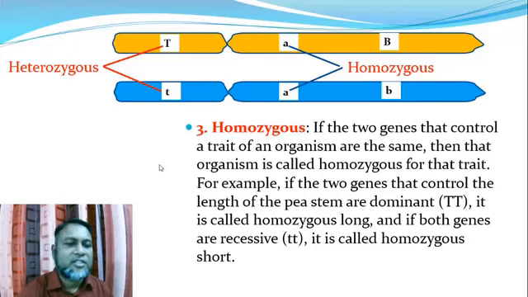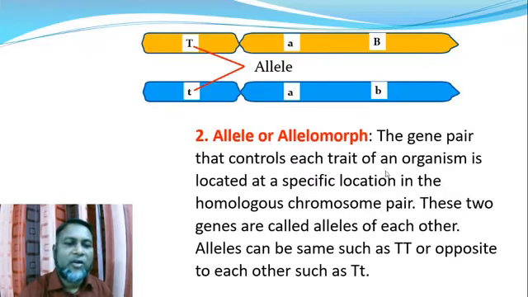Next we discuss allelomorph or allele. Allele means the gene pair that controls each trait of an organism is located at a specific location in the homologous chromosome pair. Here are two homologous chromosomes. They have similarities, the same characteristics, the same genes.